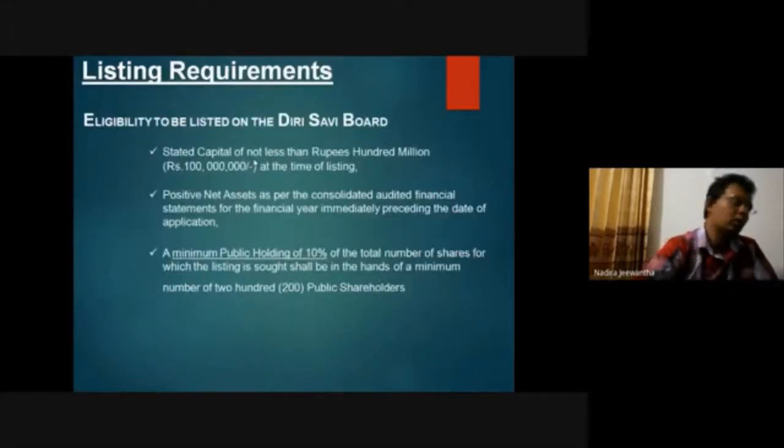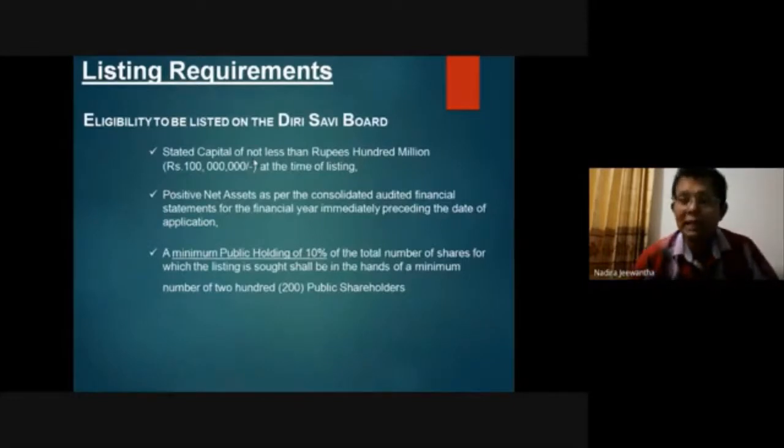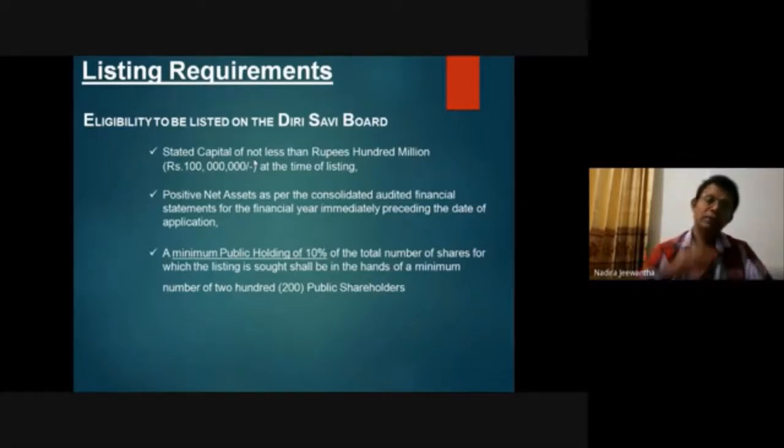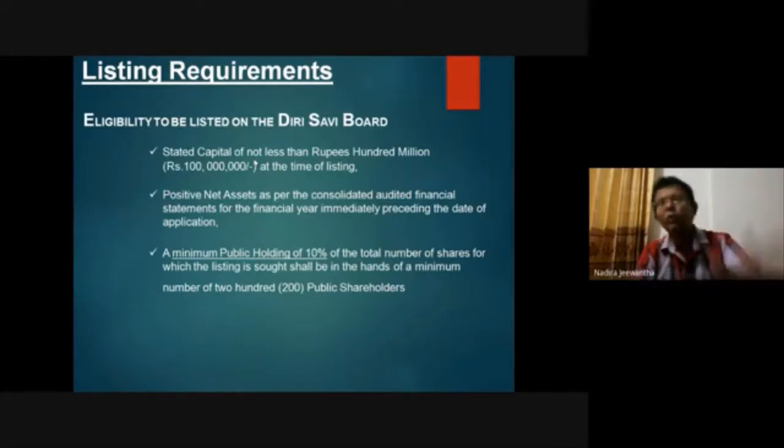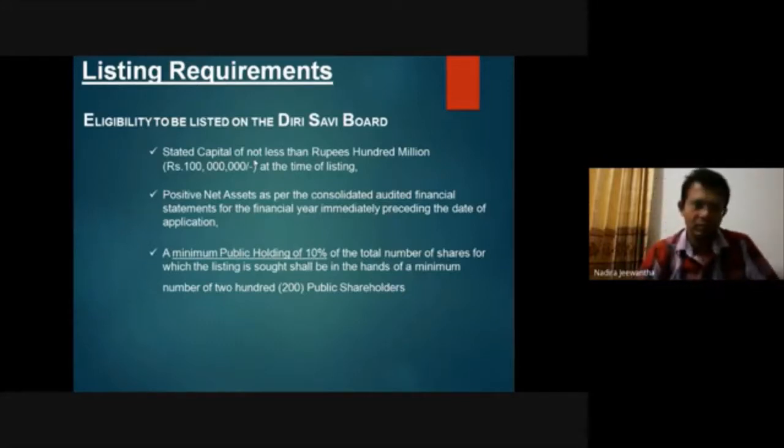And also remember, once you become a listed company, you have to comply with the continuing listing requirements as well. Now this is before you are listed. I'm a company not listed, so I need to satisfy these things. Now there are listed companies, for example John Keells. John Keells is a listed company.